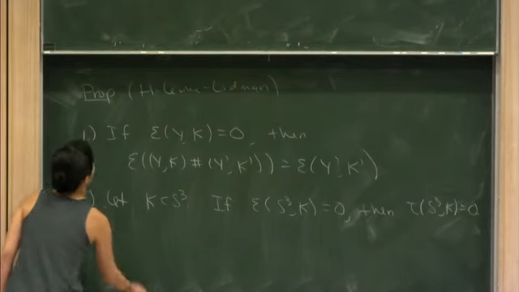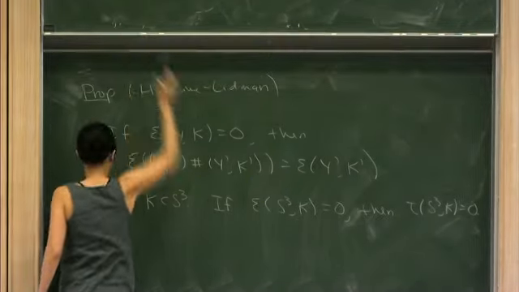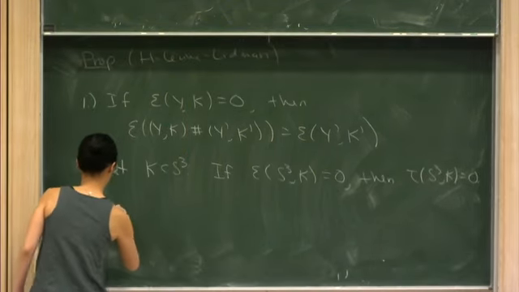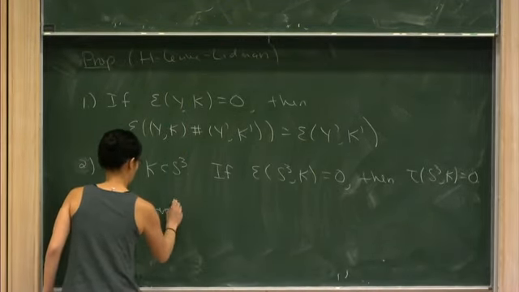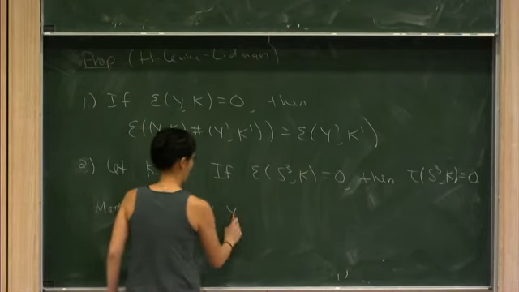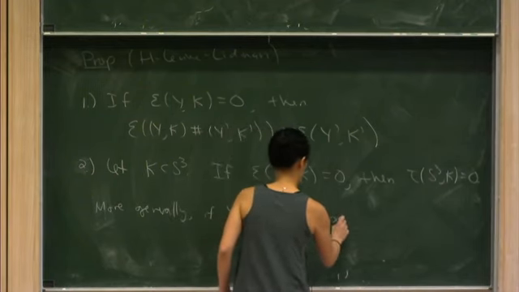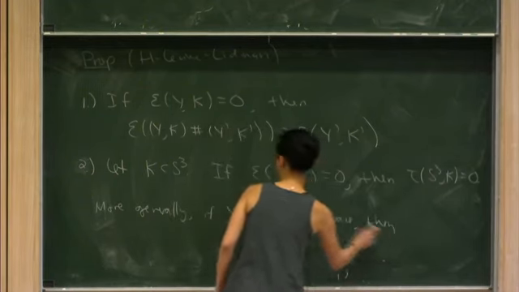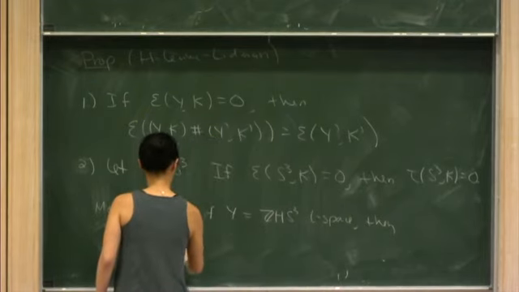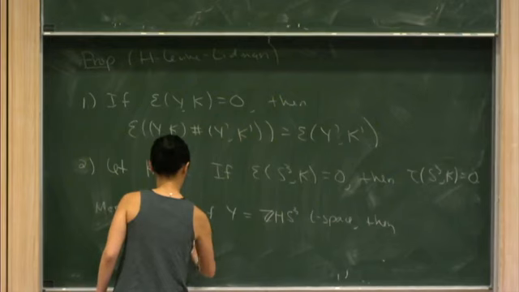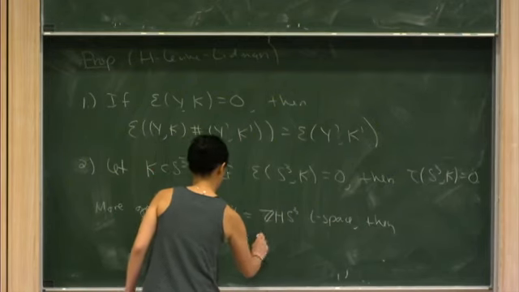More generally, if Y is an integer homology sphere L space, then epsilon being 0 implies tau is 0.